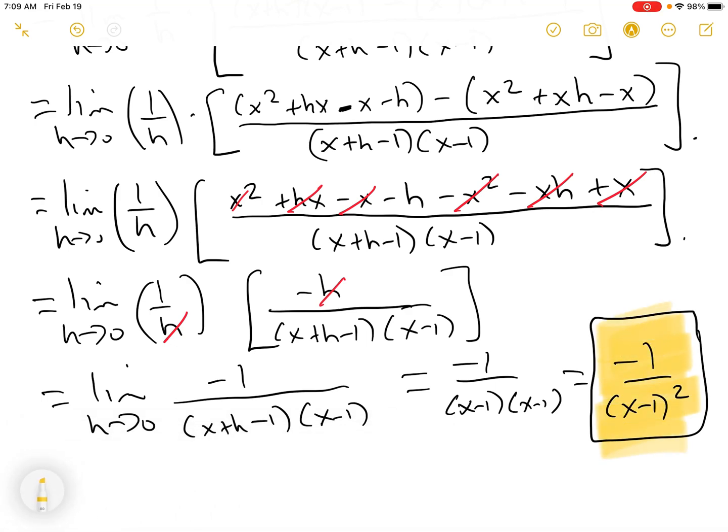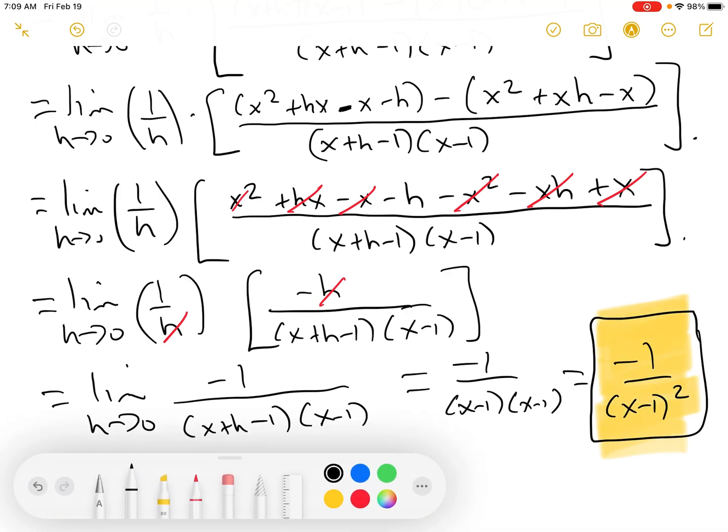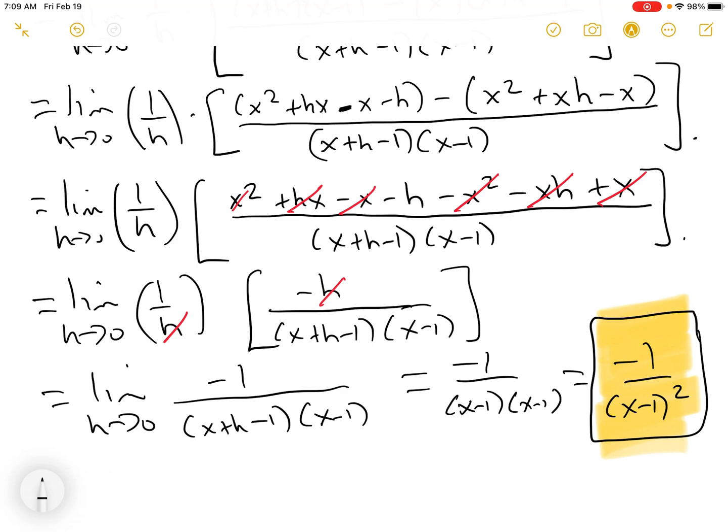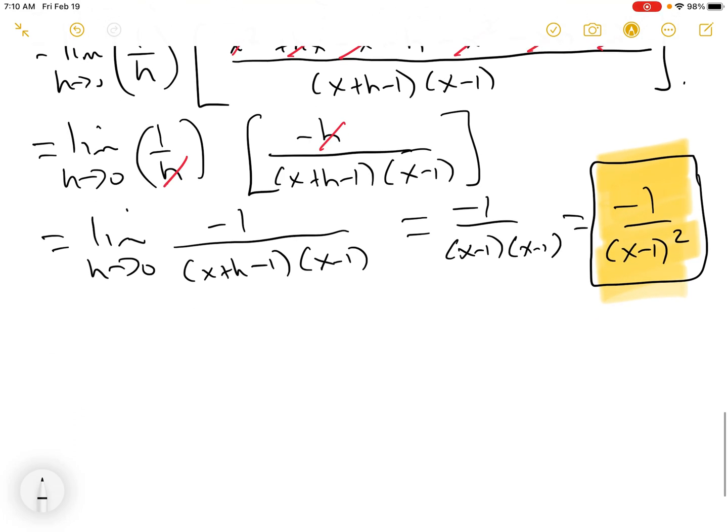Okay. Did you get that? If you did, you're a level 2 master of taking limits. All right. So that was a tough guy to practice. So there you go. Now we have all this power.